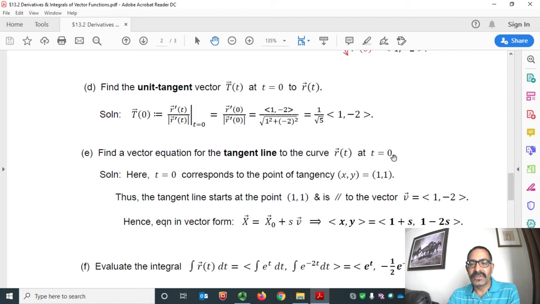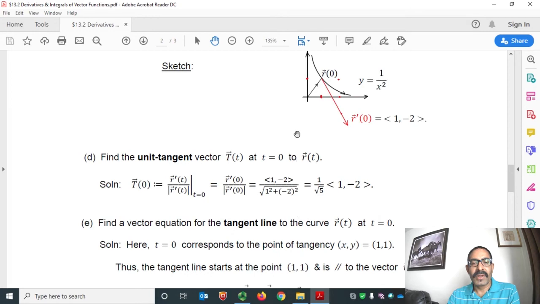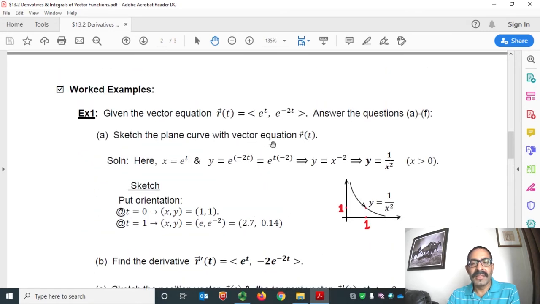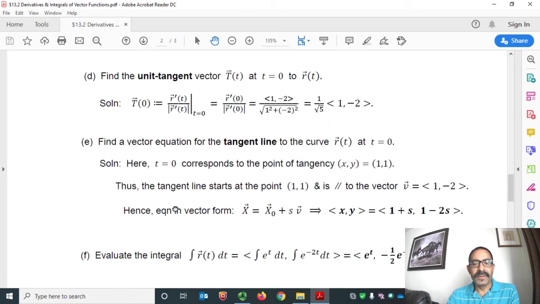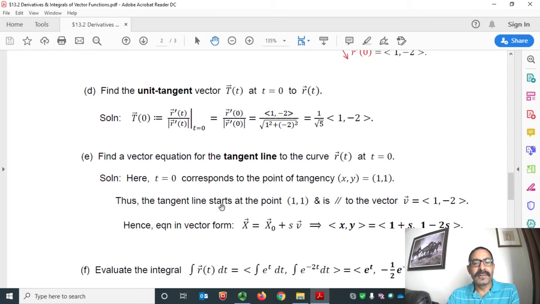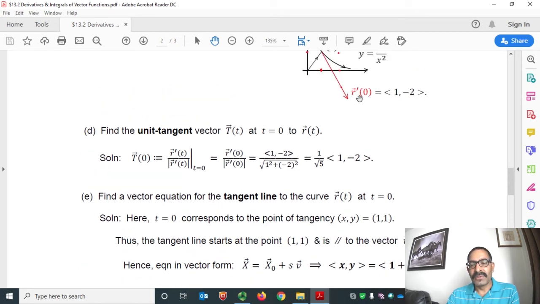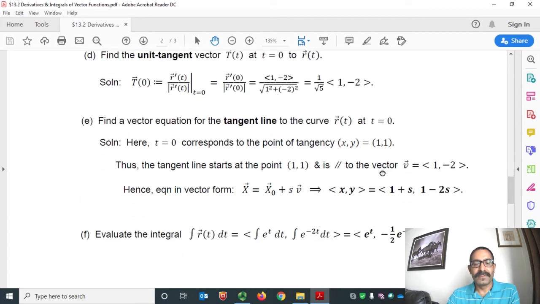When you put t equals 0, the corresponding point is (1, 1), because in our r(t), this is the x value and this is the y value. So when t is 0, this is 1, and this is 1. So our point is (1, 1). For the parallel vector, we take the derivative we already found, r prime of 0, that's our vector, (1, -2).